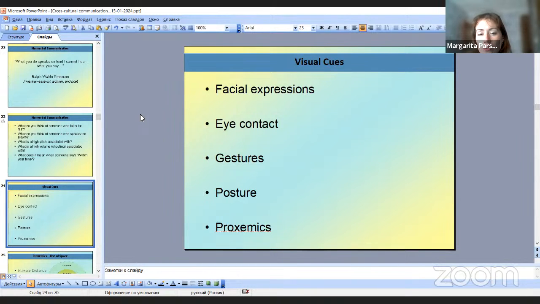Gestures can help to express your thoughts. Posture is how you keep your body. Some people cross their hands on the chest.